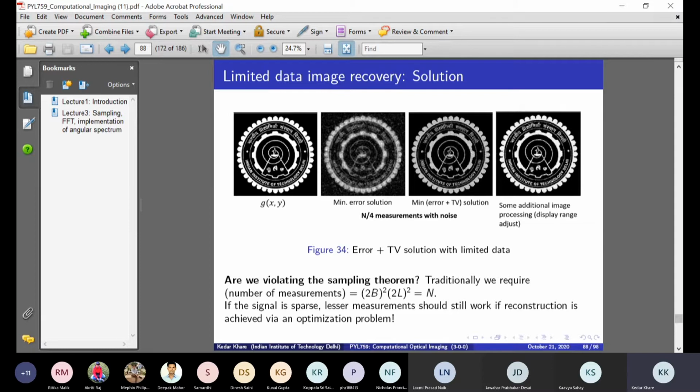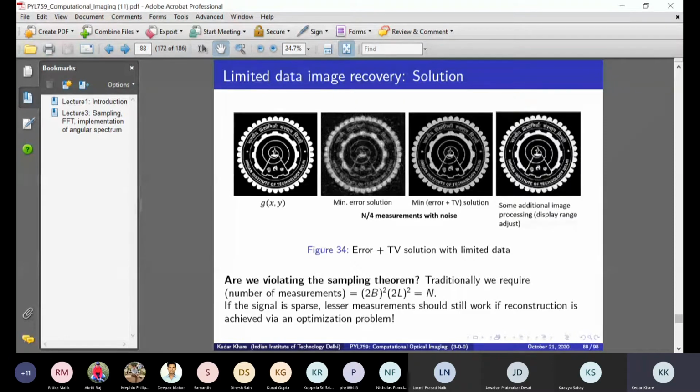So I'm going to go over two interesting examples today. You might think that I have been applying TV to these IIT Delhi logo images and things like that, but is there any real situation where this is applied? So I will show you some work in MRI, and then I will also show you some work related to black hole imaging.